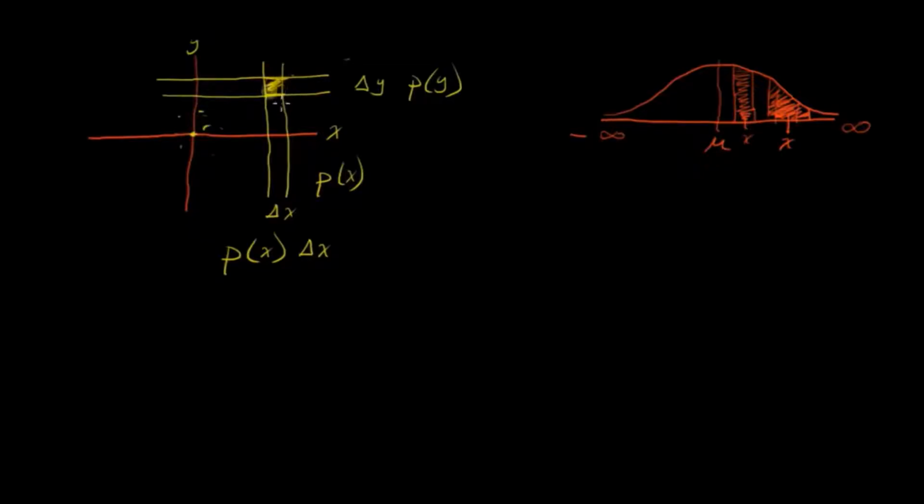And so we've got an area of delta x times delta y, and we have our probability of x, probability of y. So we could write the probability as p of x times p of y times delta x times delta y.